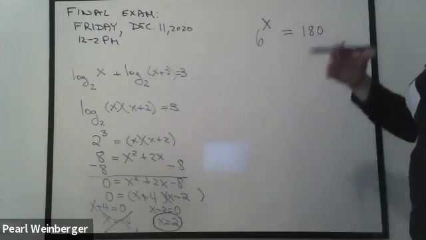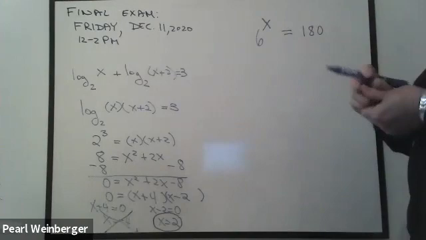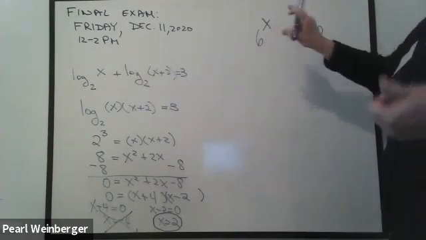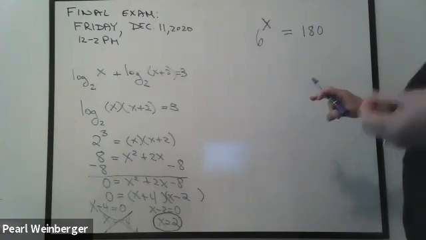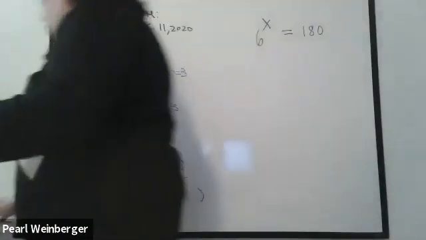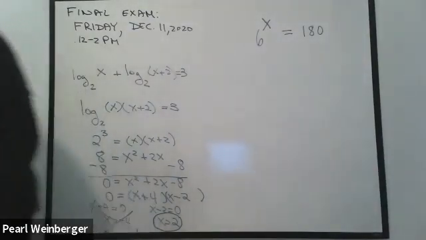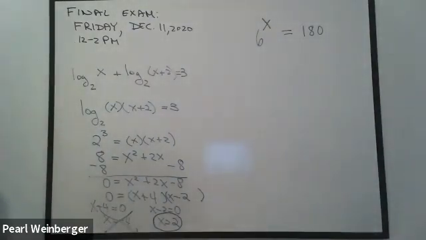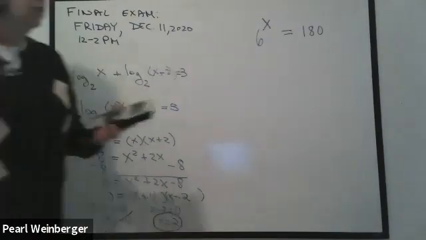Could I write 180 as 6 to some exponent? Well, let's try it. 6 to the 2 exponent is 36. And 6 to the 3 exponent, I don't know that by heart, but I'm going to take my calculator and use it to figure it out. 6 to the exponent 3 gives me 216.